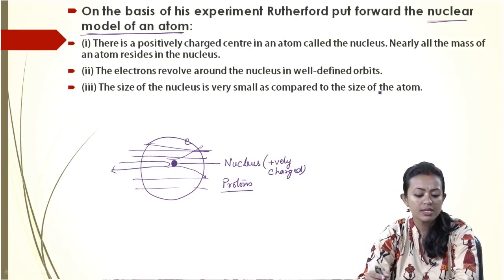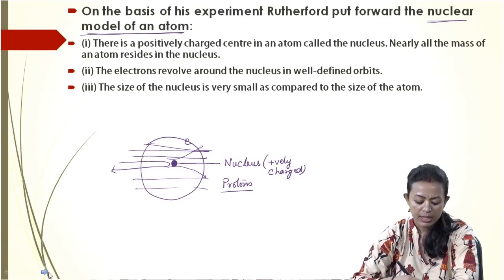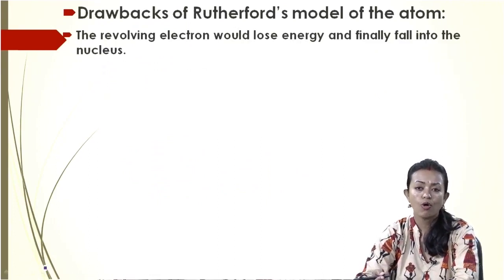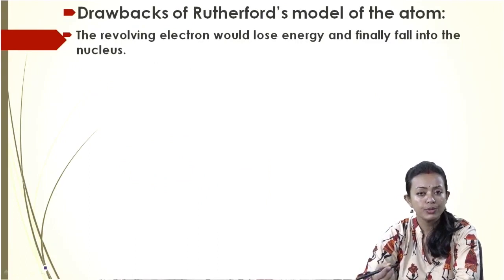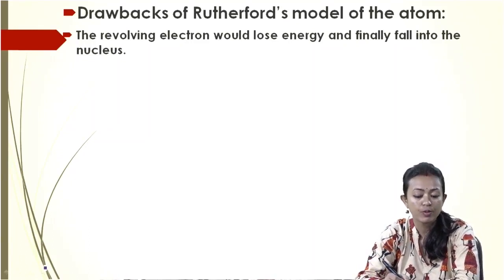So, from this experiment, Rutherford's gold foil experiment, the nuclear model of an atom was given. But there were a lot of controversies that happened after Rutherford's model of the atom was given. Now, what is the basic drawback in Rutherford's model?